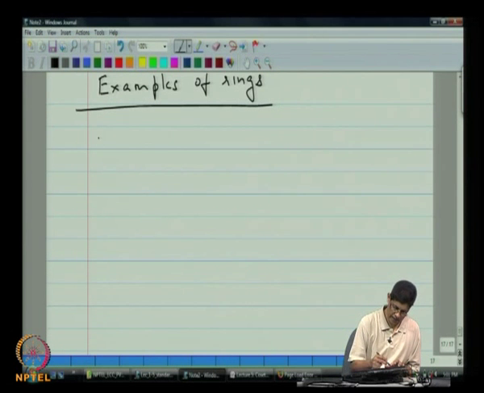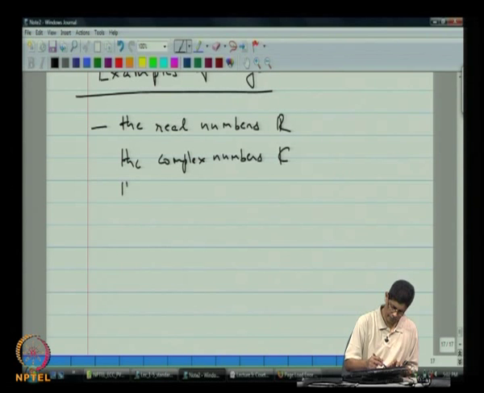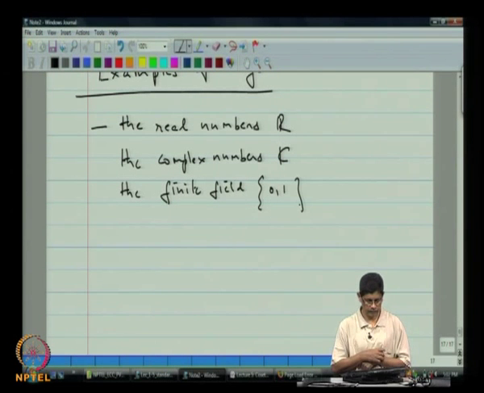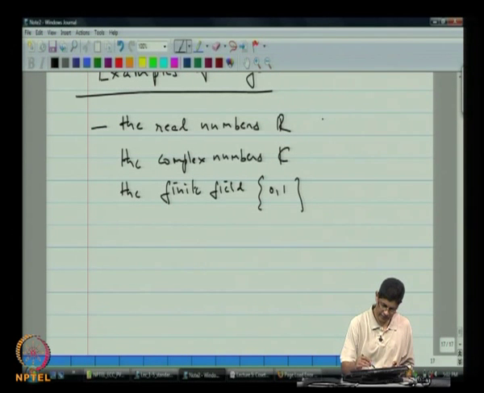First of all, let us look at the real numbers, R, or the complex numbers, C, or the finite field {0, 1}. You can readily check that all these are examples of fields.